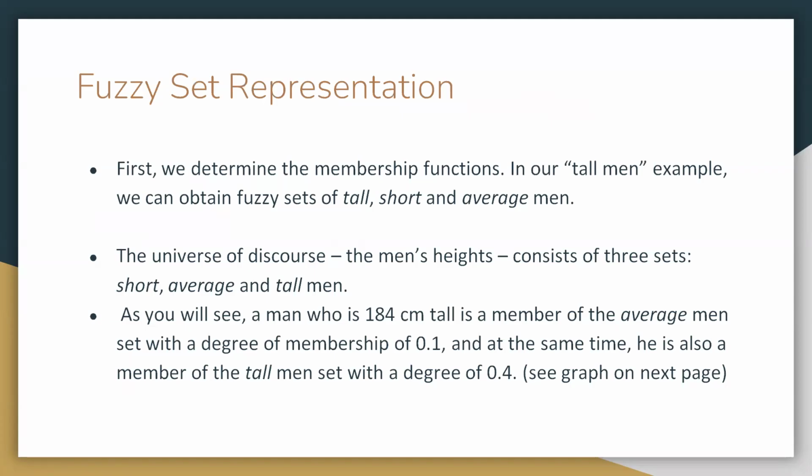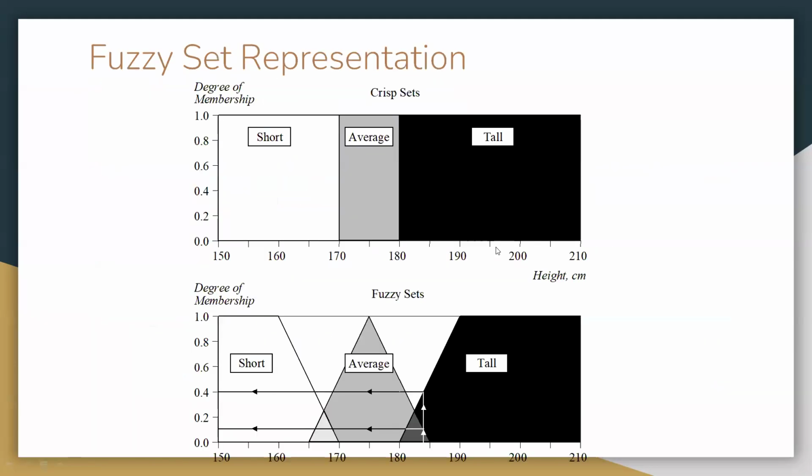And at the same time, he is also a member of the tall set with a degree of membership of 0.4. When we draw a chart like this, the crisp set will have straight bars or blocks of information. But when it comes to fuzzy sets, he will have some share of membership in either of the two sets.